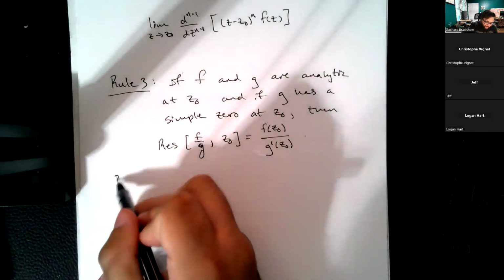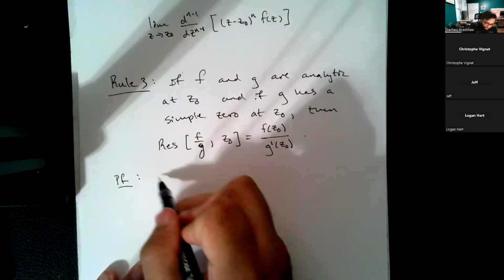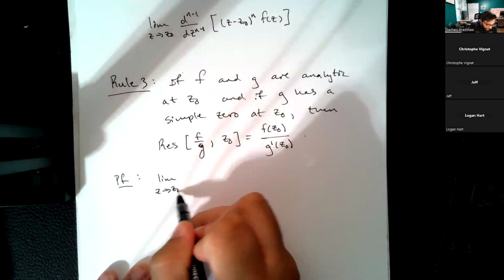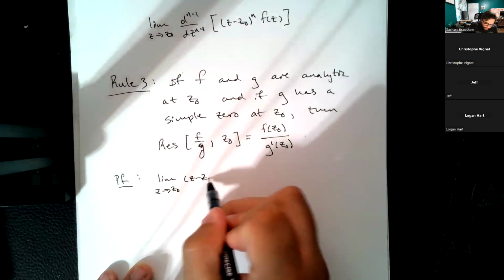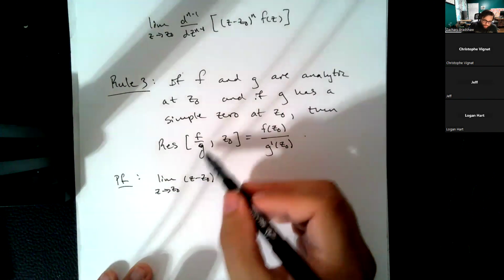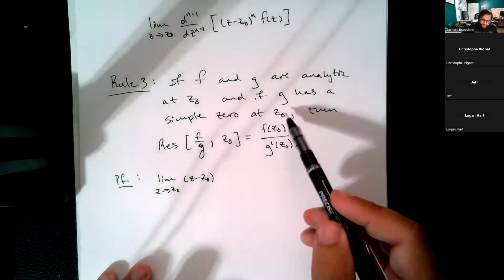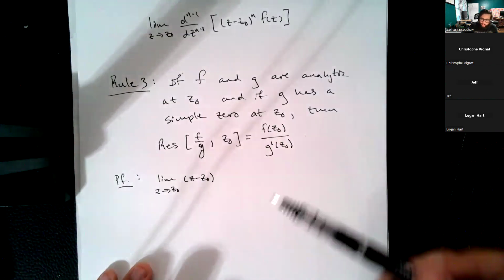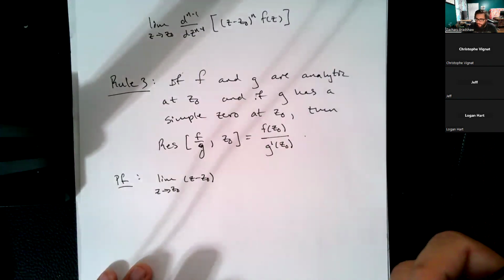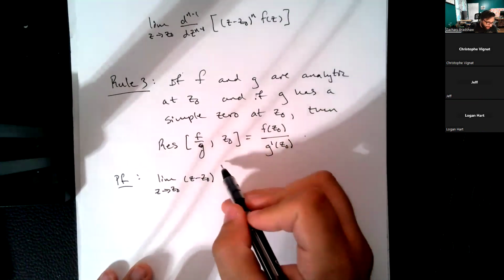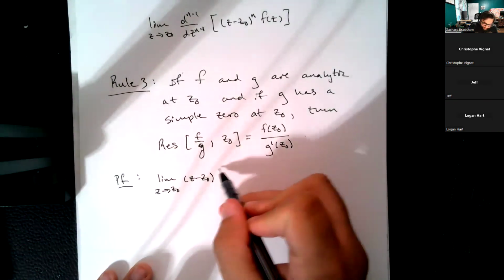Well, maybe it's worth looking at. So you have the limit as z goes to z0. What we're computing right now is the residue of this quotient, right? The fact that g has a simple 0 at z0 means the quotient has a simple pole, which means we can apply rule 1. So the residue is z minus z naught times the quotient in the limit.